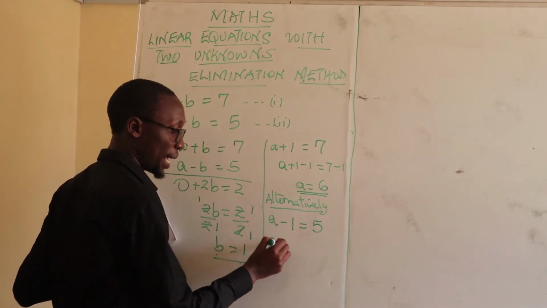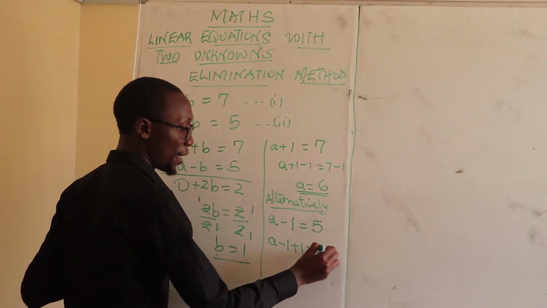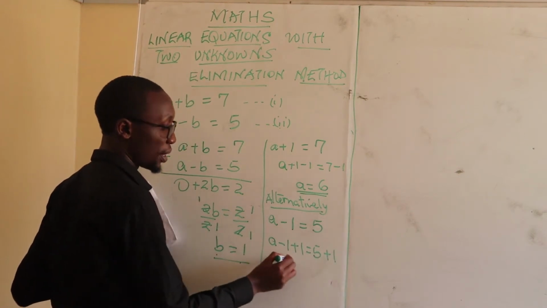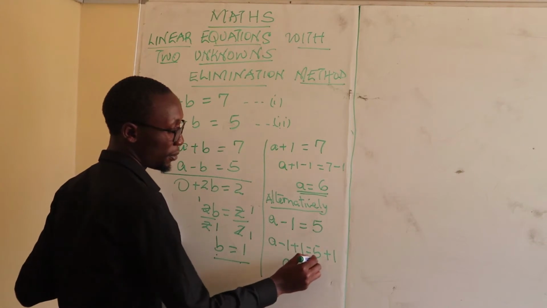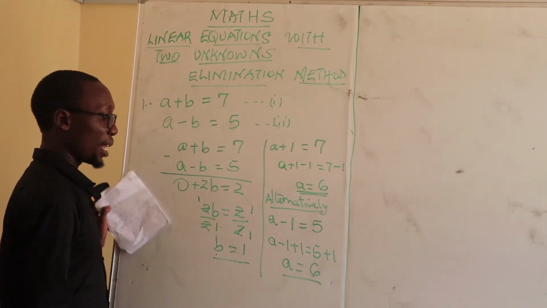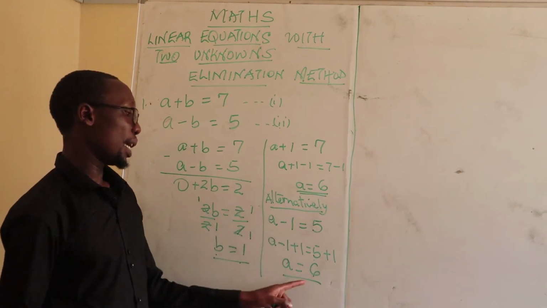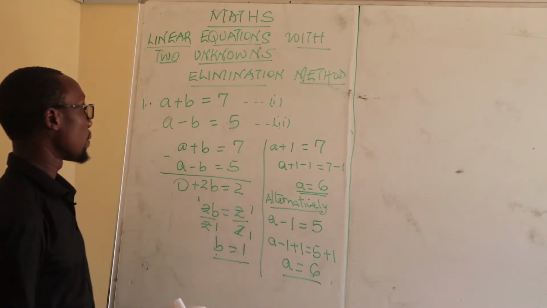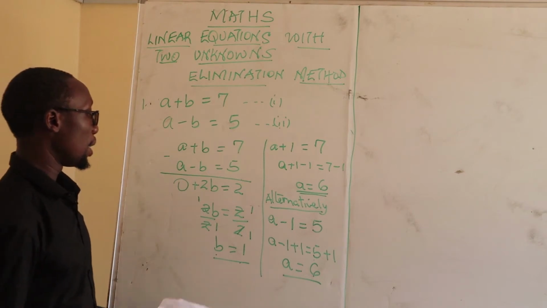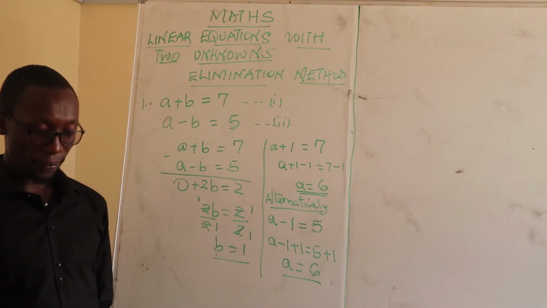So we shall have A minus 1 plus 1 equal to 5 plus 1. And so A shall be equal to 6. So either way, B is equal to 1, A is equal to 6.